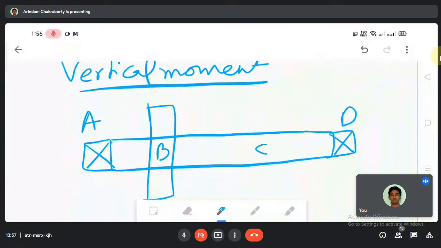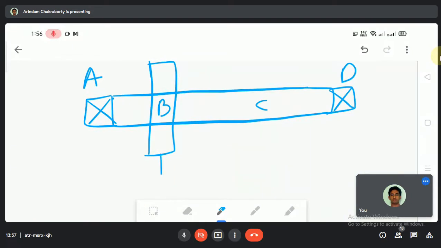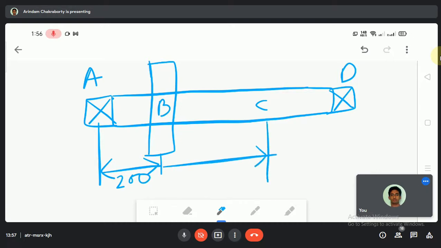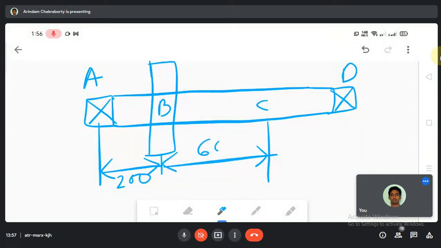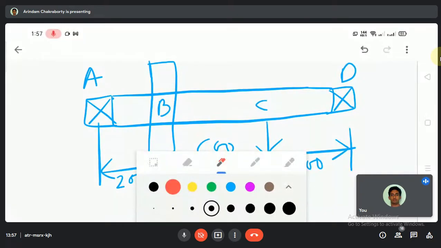So let us draw it, let me make it easier for you people. So here comes 200, 600, 200. After that you have to understand about the section plane or section moment.